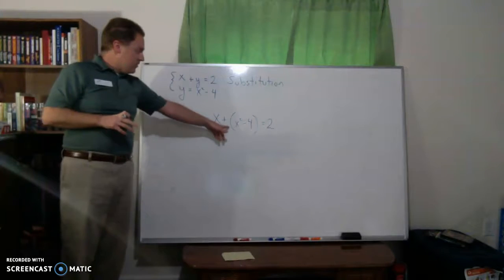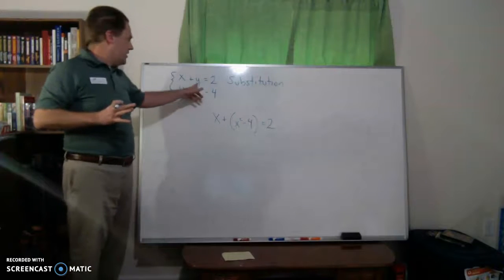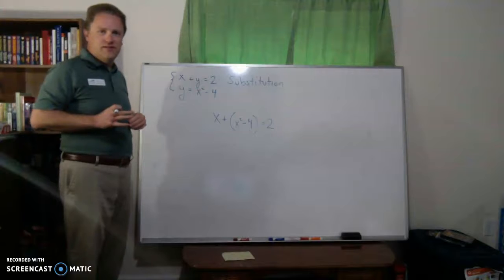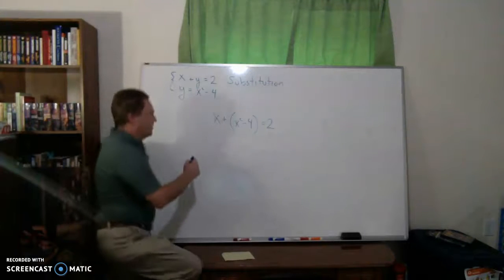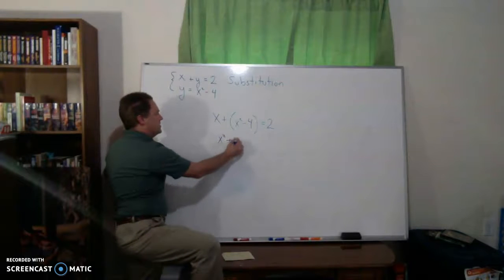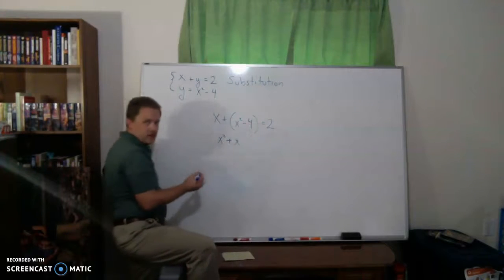These parentheses aren't really necessary, they are just showing me where the y went. So I can ignore them and rearrange stuff. Rewrite this as x squared plus x. I've got a minus 4, but I've also got 2 on the other side.